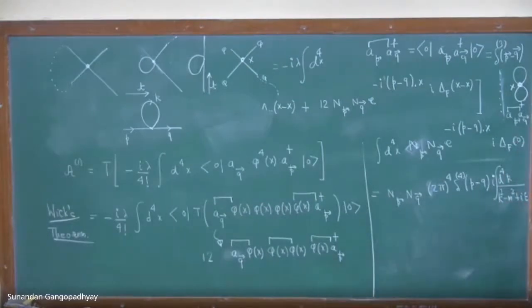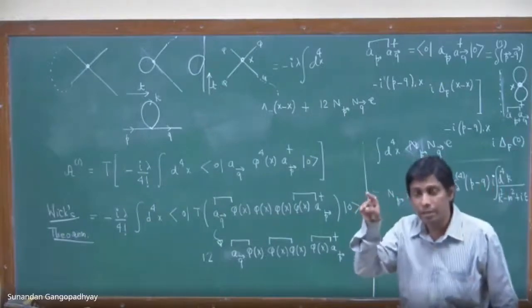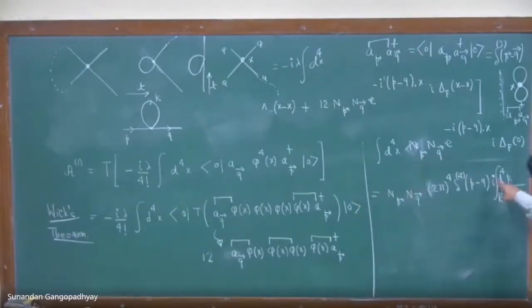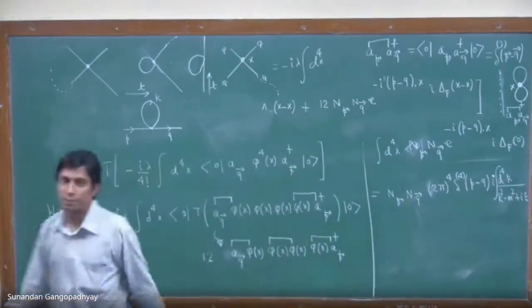So you have a loop momentum, and it is iΔ_F, the Feynman propagator at x minus x, that is 0. Therefore, you have i ∫ d^4k / (k² − m² + iε). There is no factor of e^(−ik(x−x)), since x minus x is 0, so that exponential is 1.